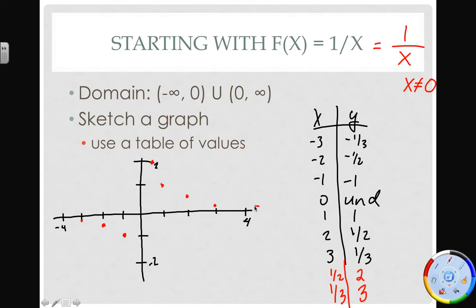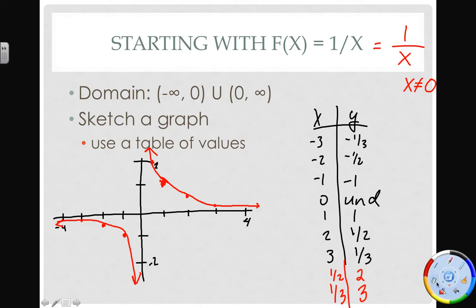So this particular function is going to crawl across that x-axis there, and it's going to come up in this fashion. Sorry, I missed my dot there. Make the dot bigger so it fits. All right, and then likewise on the other side, we get one that looks like this. So you'll make a note here that this function is never going to cross the x-axis, and it's never going to cross the y-axis.